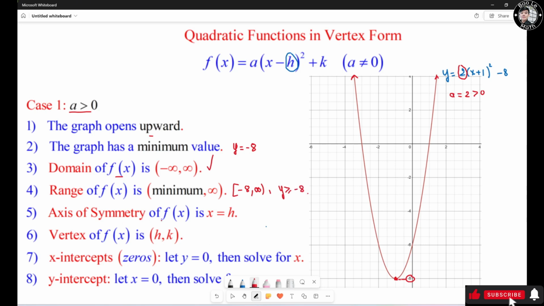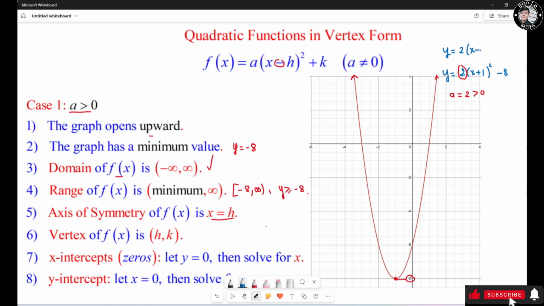Alright, axis of symmetry is x equals h. So you look at the formula right here. Now keep in mind, in the formula we have the subtraction sign right here. Now we don't see a subtraction sign right here. So basically we just rewrite this function. So y equals 2 times (x, now I need a subtraction sign right here.